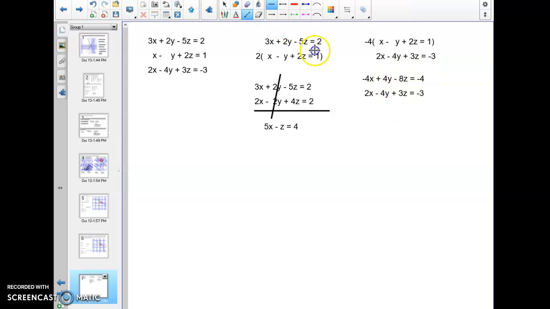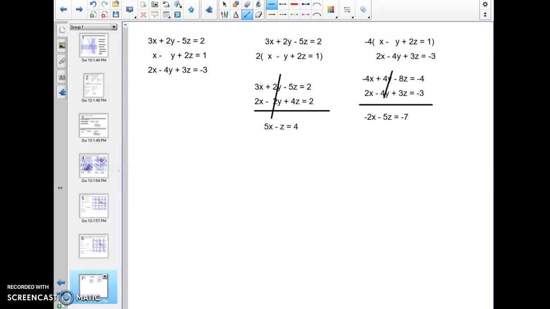Alright, now we're going to combine by adding, and we end up with negative 2x, the y's cancel, minus 5z equals a negative 7. And you can see quite clearly the y's just cancel.